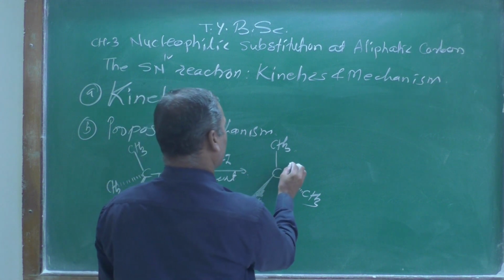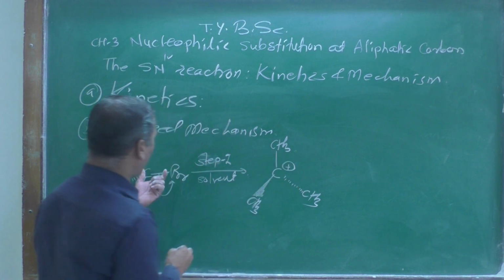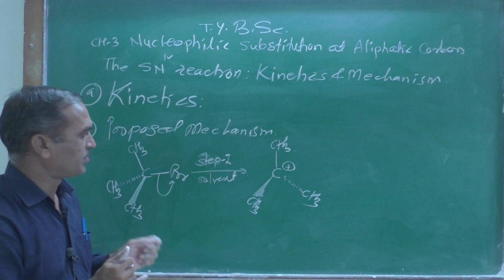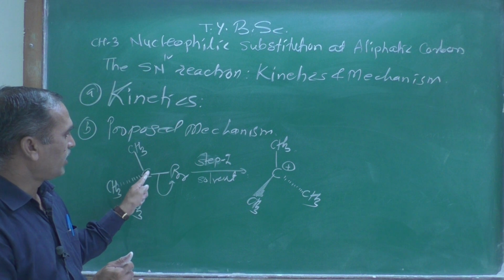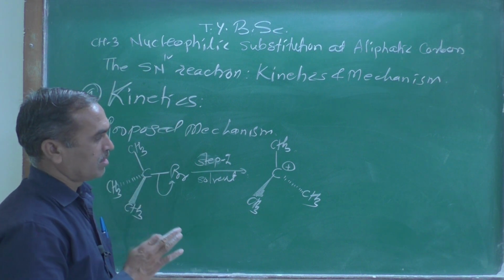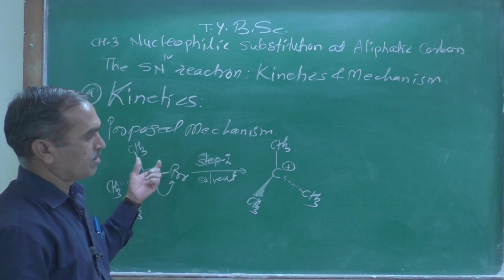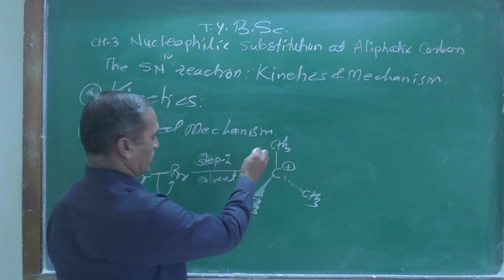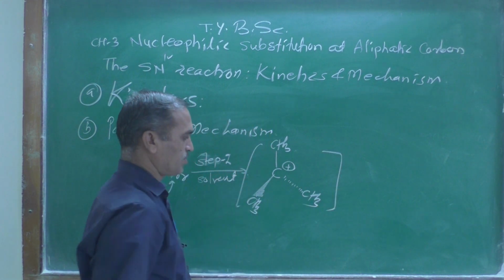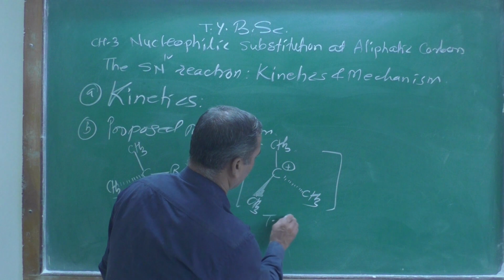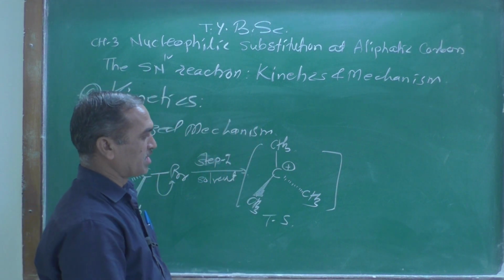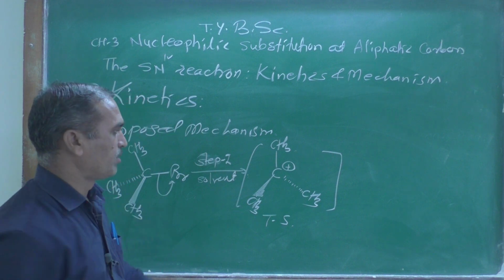When the leaving group departs, it takes its bonding pair along with itself, leaving a positive charge on the carbon atom, because that carbon becomes electron deficient. This is the transition state formed here, and this is a carbocation, a short-lived intermediate.